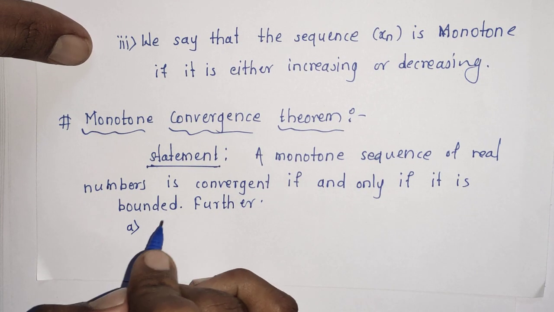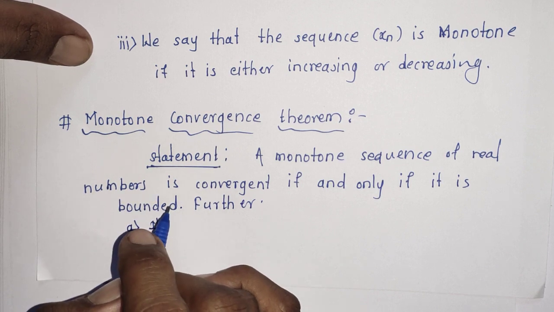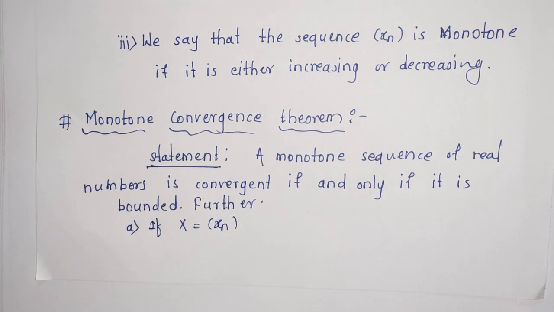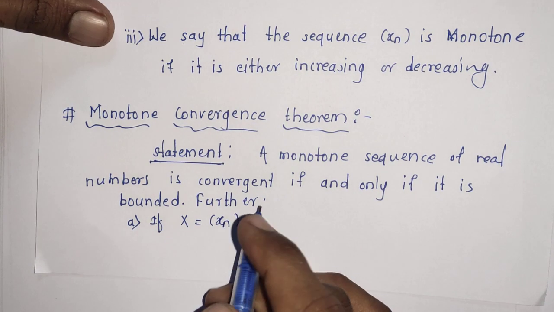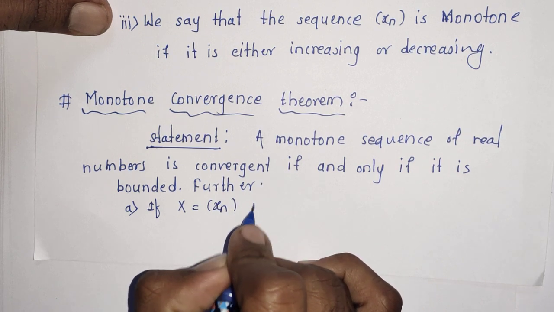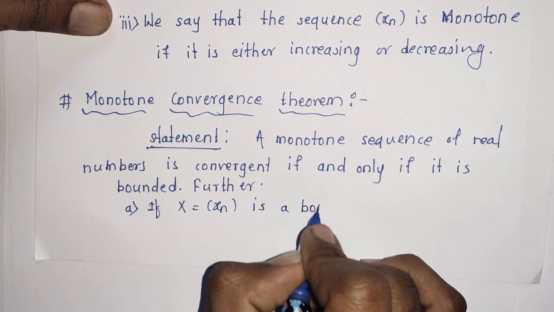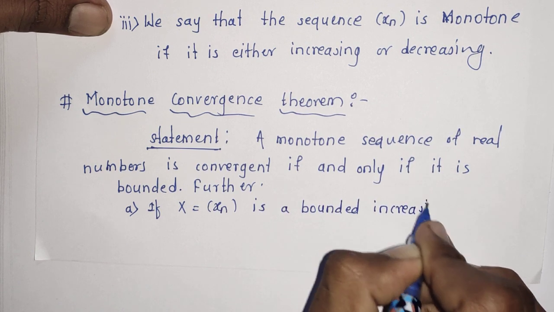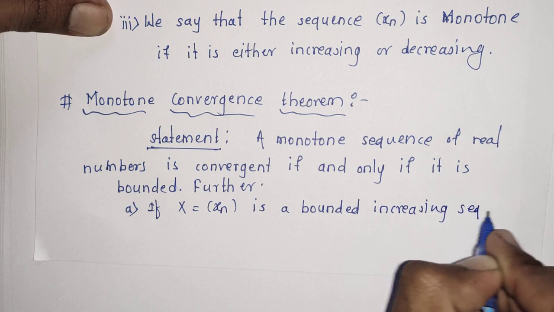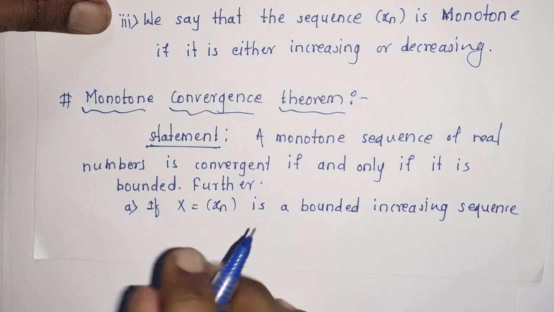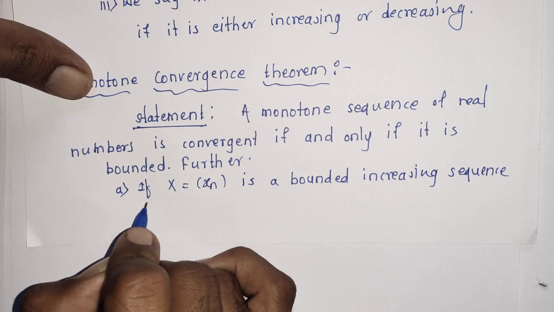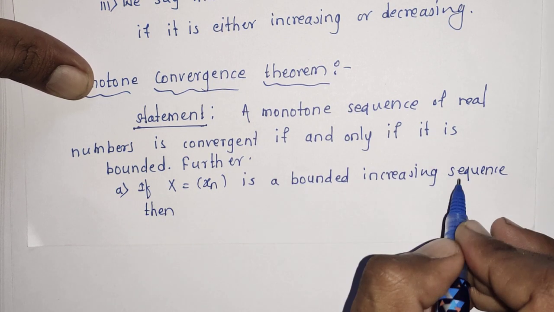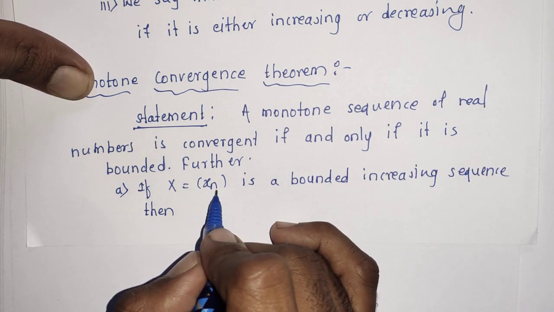Further, a subpart of this theorem is: if the sequence x = xn is a bounded increasing sequence, meaning an increasing sequence which is bounded, then this sequence converges to its supremum.